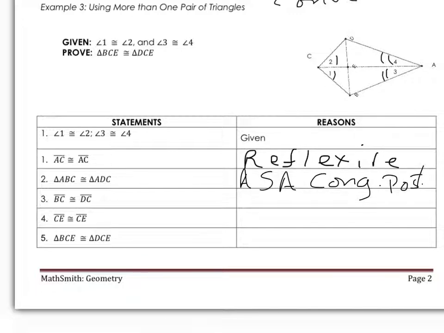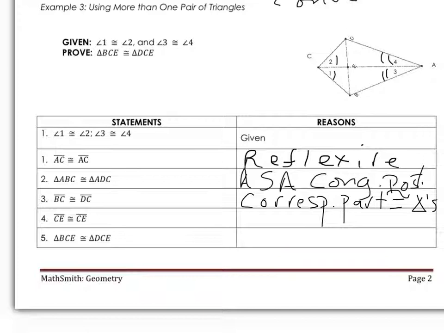Okay, and then they're going to the next step and they're saying that BC, which is this part, is congruent to DC, and again we're using corresponding parts of congruent triangles are congruent.